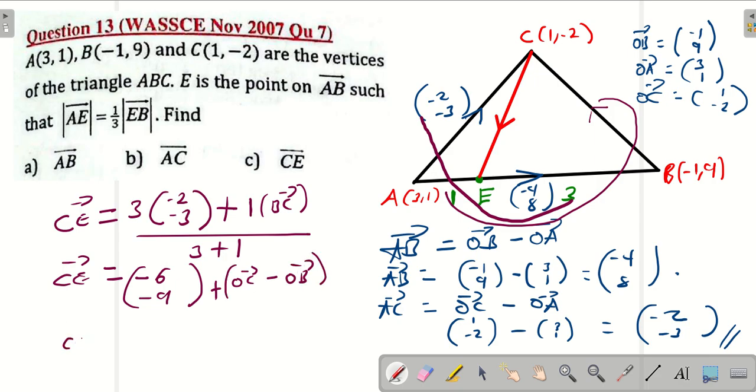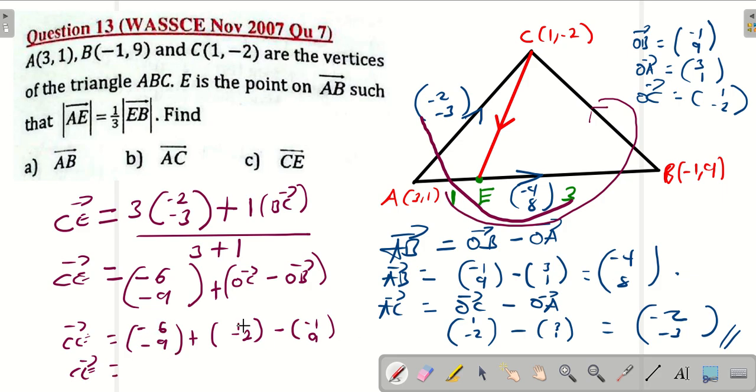So we have CE equal to negative 6, negative 9, plus OC is what? 1, negative 2, then minus OB. OB is what? Negative 1, 9. Okay, so we have CE equal to, here we just add.